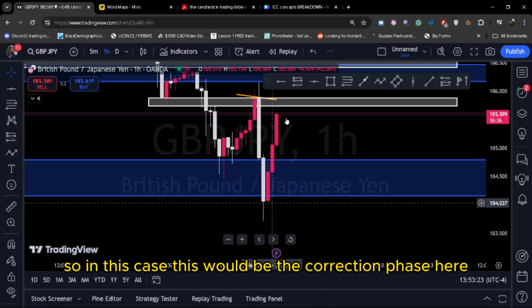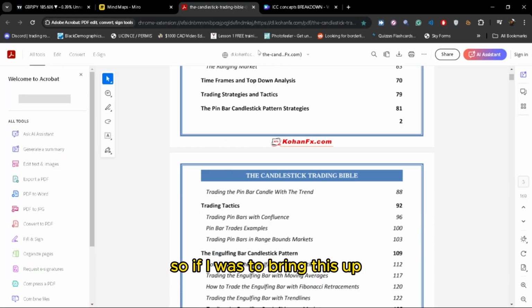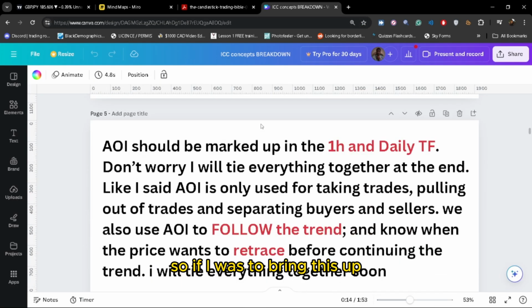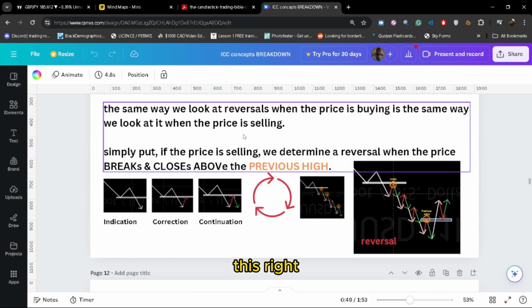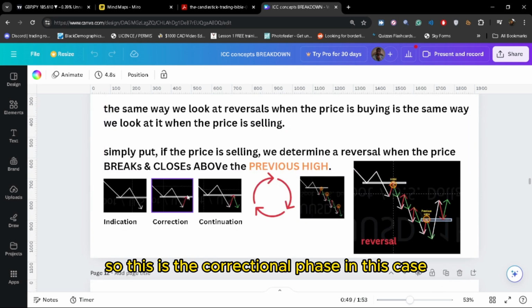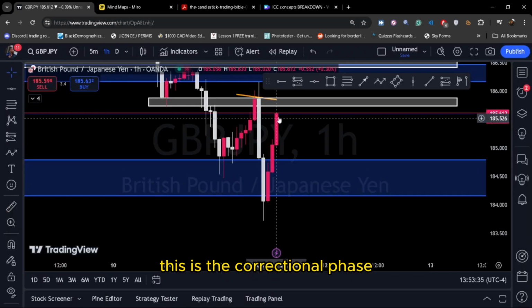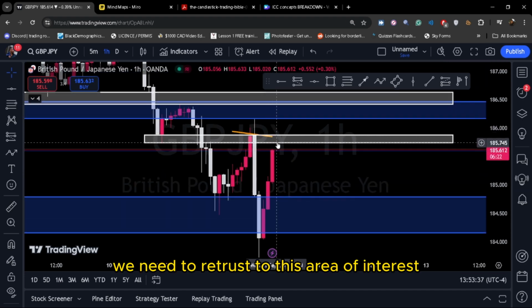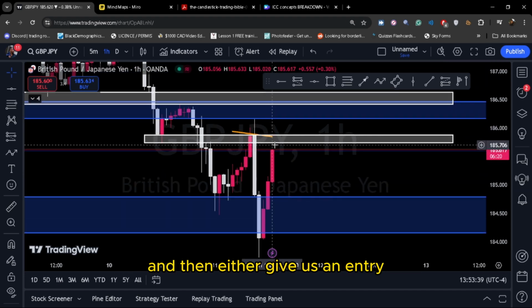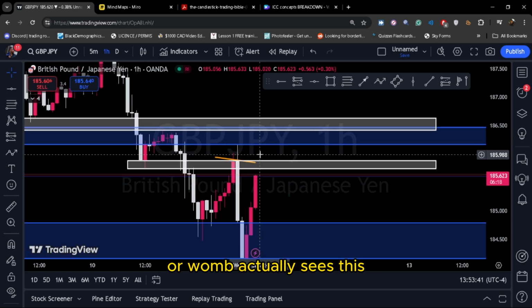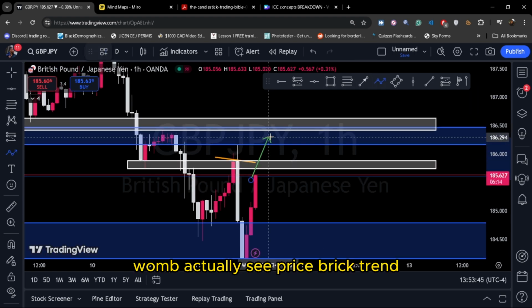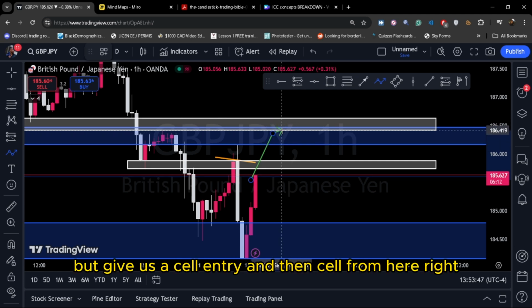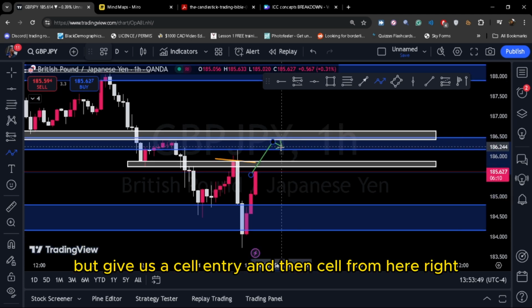So this is the correction phase, looking to retrace to this area of interest and then either give us an entry, or what we might actually see is this. We might see price break trend, but give us a sell entry and then sell from here, right?